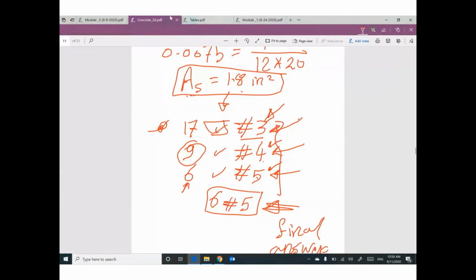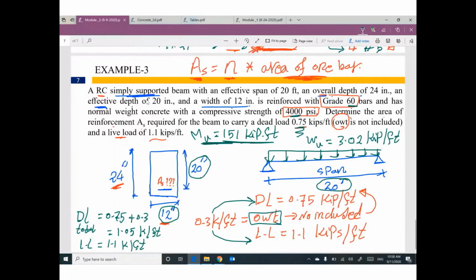It looks like a very simple problem, but we have different things we need to cover. This problem looks like a problem in your PE exam. In your PE exam, you will probably be given this information. You need to figure out the own weight.